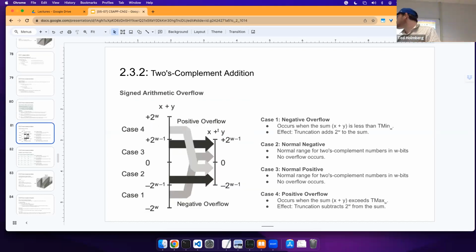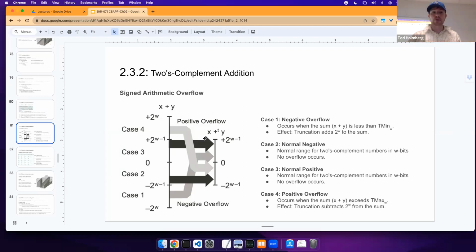Okay, so if I were to graphically illustrate how we can get all possible outcomes from signed integers adding together into either a 4-bit or 5-bit word, in the case where w is equal to 4, or in this illustration where it's 2 to the power of w, and mapping it into the space that is encodable, which for a signed number is 2 to the power of w minus 1.